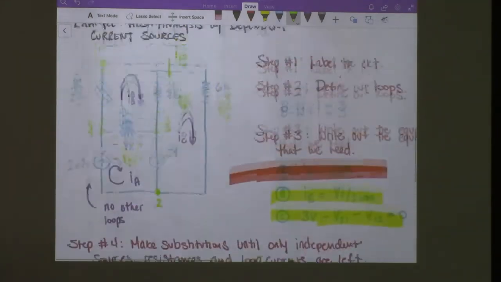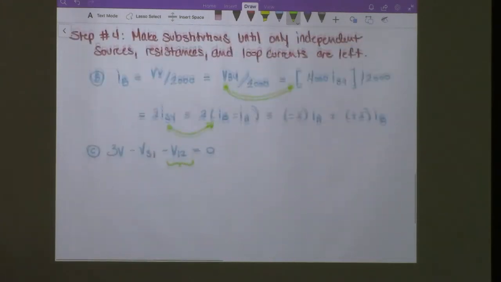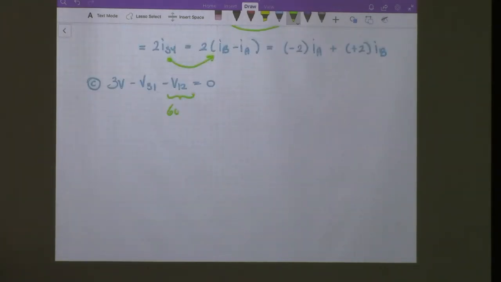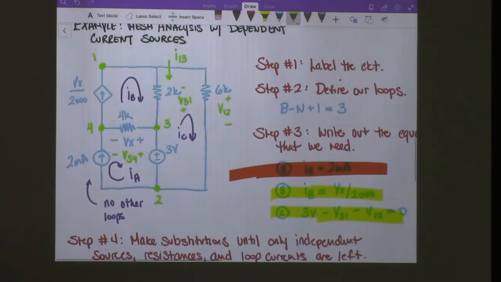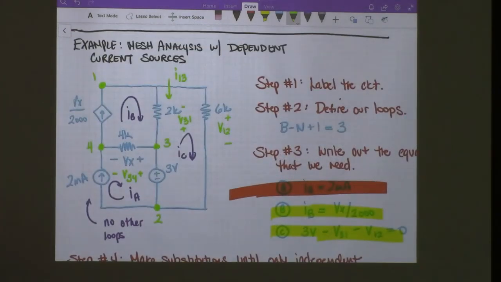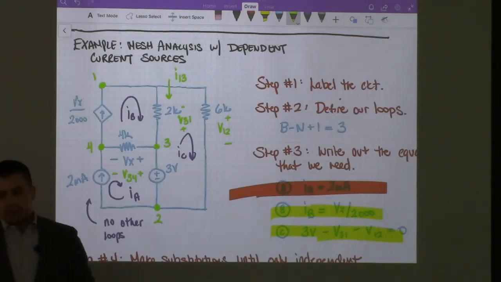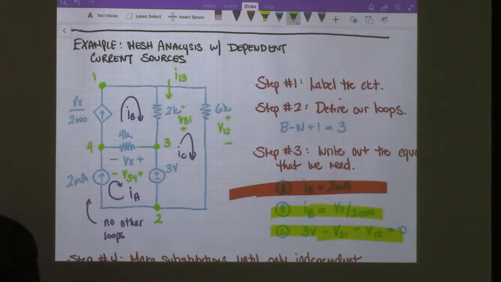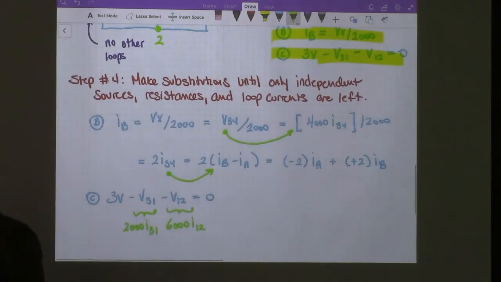For V12, it's 6,000, so this will be 6,000 times I12, and this will be 2,000 times I31. You see where I'm getting those values from. The 2,000 ohm resistor is there, and then the 6,000. And we just have to make sure we're associating it with the right branch.